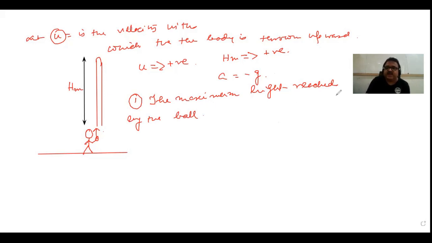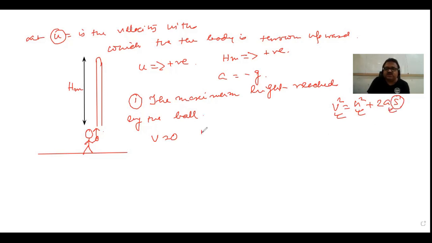Now look at this, v square equal to u square plus 2as. At maximum height, what we know? v equal to 0. That means v is known to us, u is also given, and we need to find out the value of H max. That means s is unknown, a is also known to us. So this equation is suitable, correct?